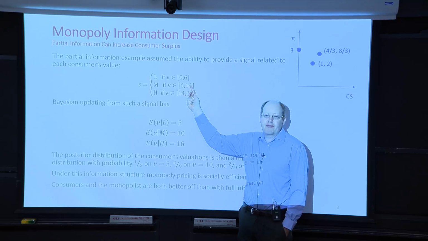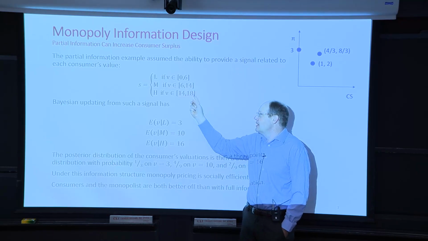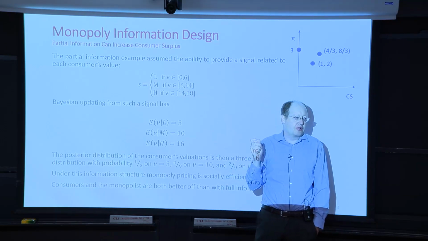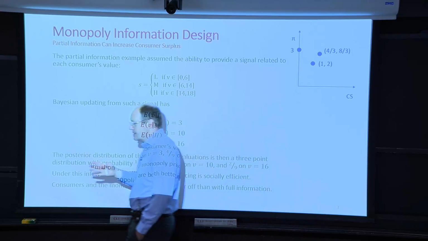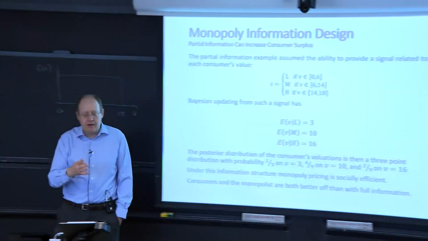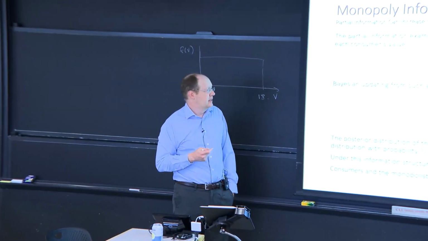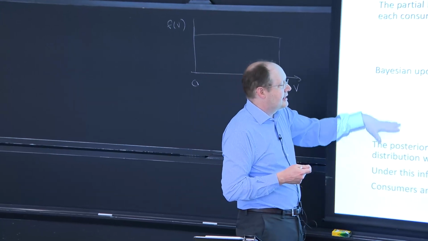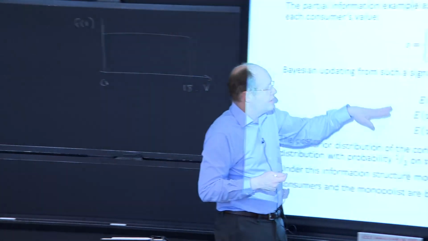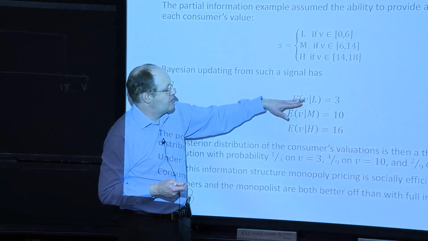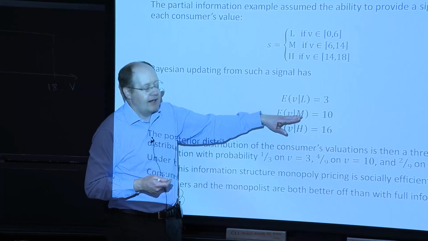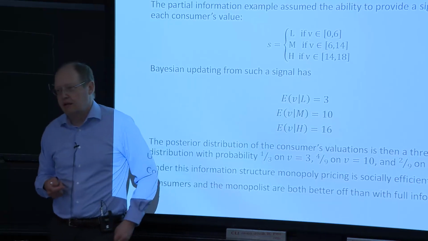Those who have a medium preference for cauliflower would have these values. Those who have a high value for cauliflower would have those values. So we're not going to tell you what the sauce is like or the vegetables, but we'll tell you that cauliflower is the base of the sandwich. Anyway, what happened with this example was that all the consumers, after getting the signal, had values of 3, 10, and 16, and that ended up making the monopoly price 10.